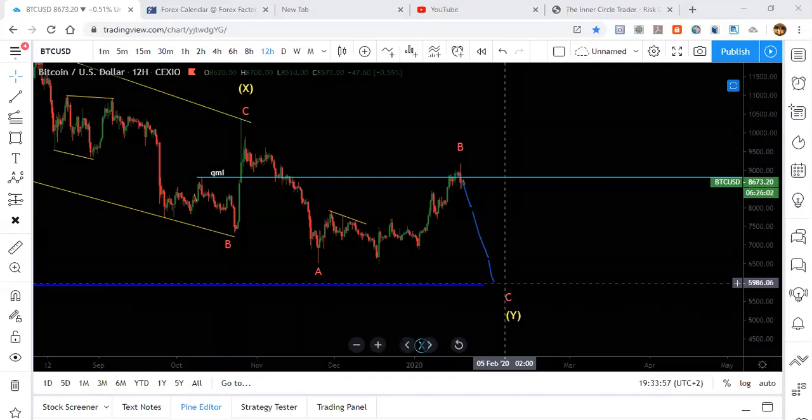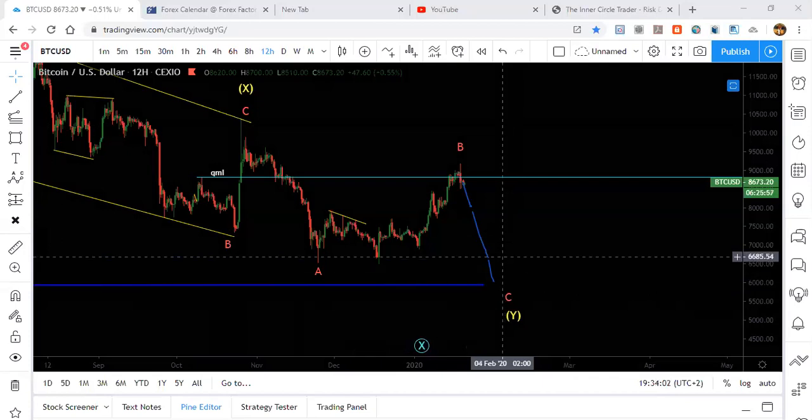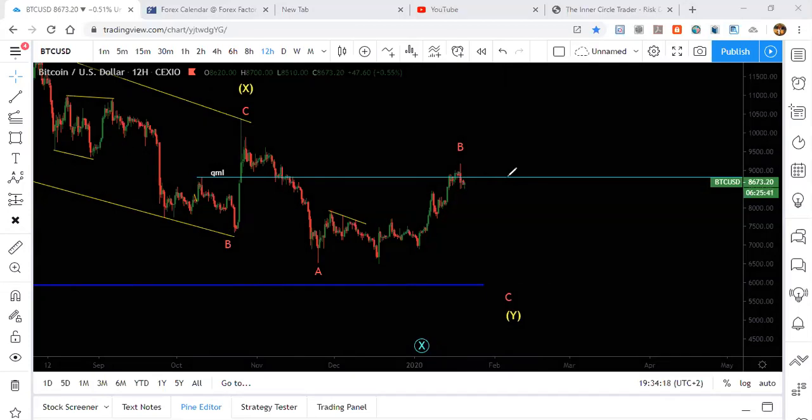But I'll expect maybe this to come to 6,000. That's where I will expect my profit to sit. This will come fast to the downside. It will keep dropping like that until it reaches this level down here. So I guess it's a nice opportunity now at this area to start selling this to the downside.